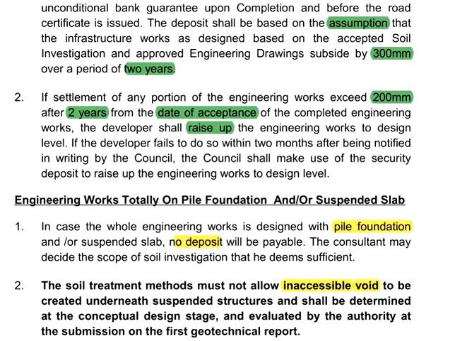Now, if the settlements exceed 200 mm, then the developer will have to rectify at their own cost. Now, if the developer fails to do so within 2 months after being notified by the council, then the deposit which was paid to the council earlier shall be used to rectify the engineering works to the design level. That means the deposit shall be forfeited, being used by the council to rectify the engineering works.